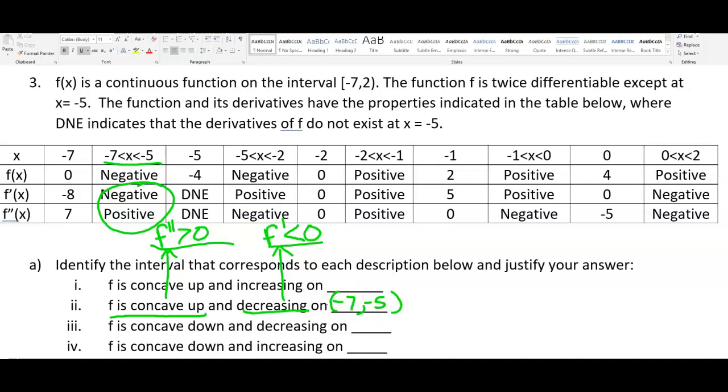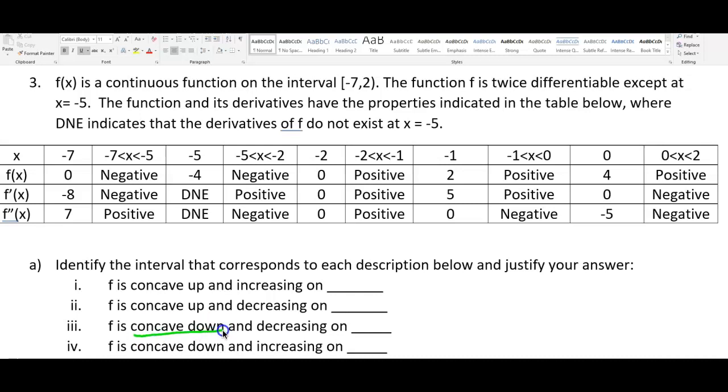All right, next one. f is concave down and decreasing on... concave down, second derivative is negative, decreasing, first derivative is negative.